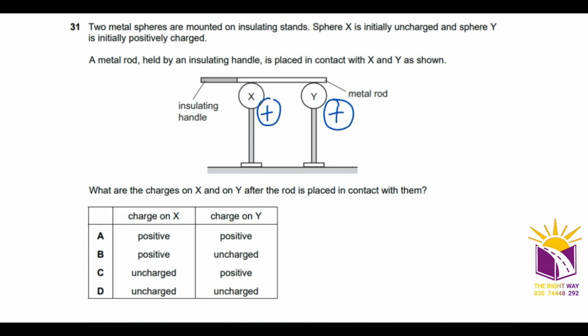So for the equal distribution of charges, both X and Y become positively charged. It is not that Y becomes uncharged and X becomes charged.